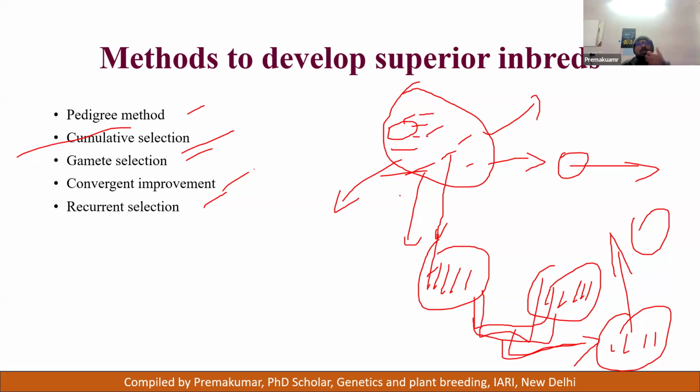This is called cumulative selection. It means you are accumulating all the desirable genes from different families into a single line or single family. This is what cumulative selection is.